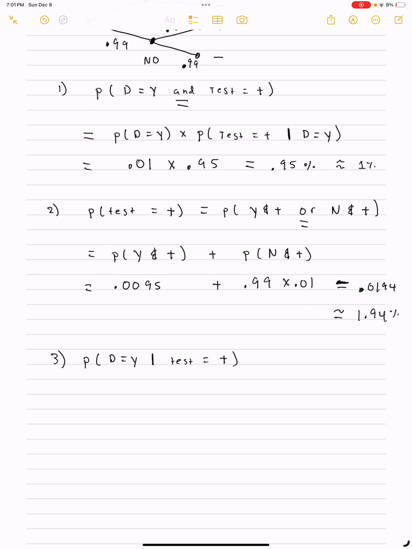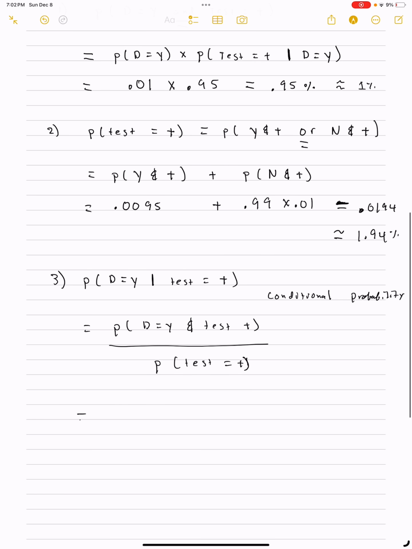Well, this is a conditional probability. Conditional probability is calculated as follows. We calculate the probability of the intersection, so both outcomes occur. I did that intersection, but I'm going to write it with the and. Intersections and ands are the same thing, and the test is positive, divided by the probability of the conditional, that the test is positive.